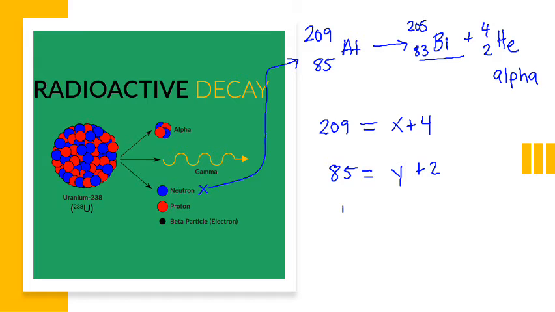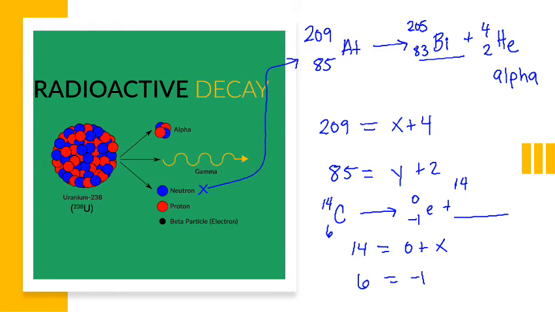Okay, let's look at another radioactive atom. This is what we have. Now we want to look at our mass. We have 14 equals 0 plus x, so x has to be 14. Nothing changed on the top. Then 6 equals negative 1 plus y.